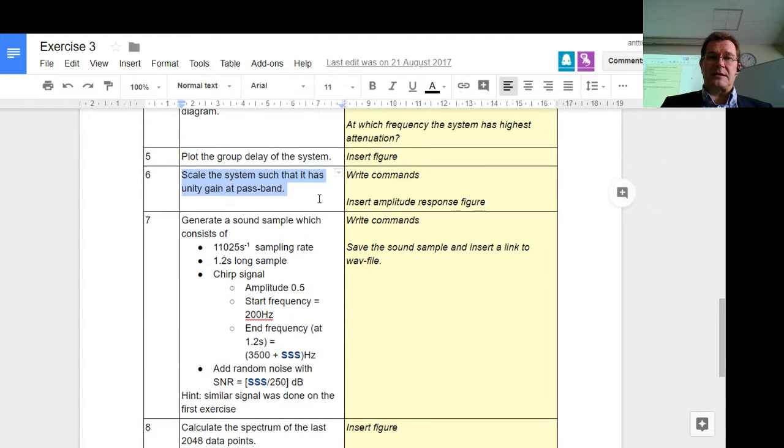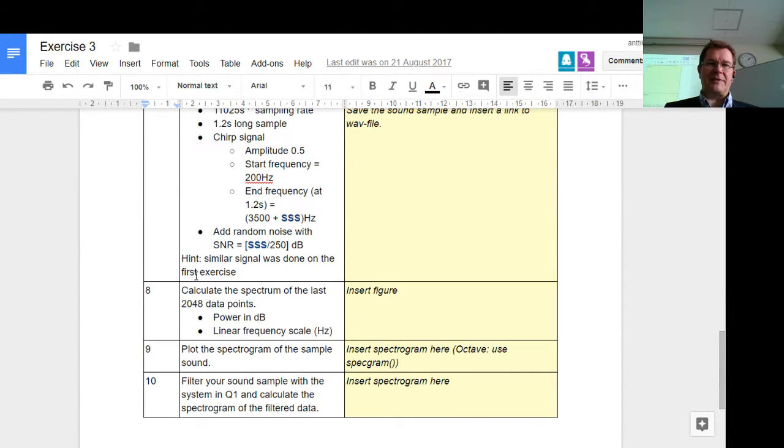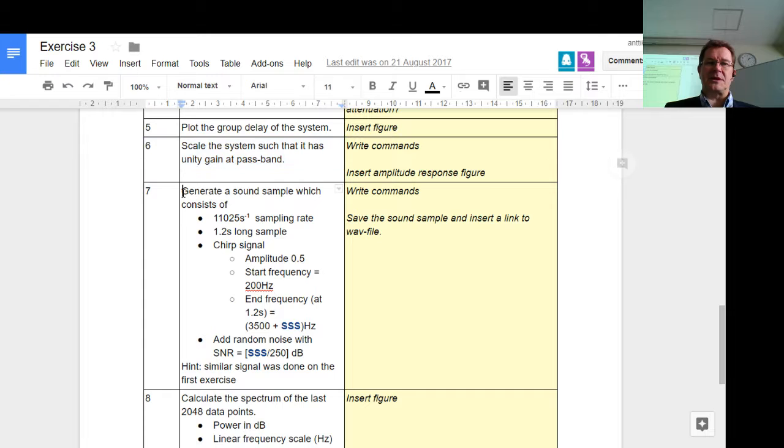Then basically that ends the system part, and the next would be the system analysis part, and the next 3 questions are about generating a sound sample. So it has actually a chirp.